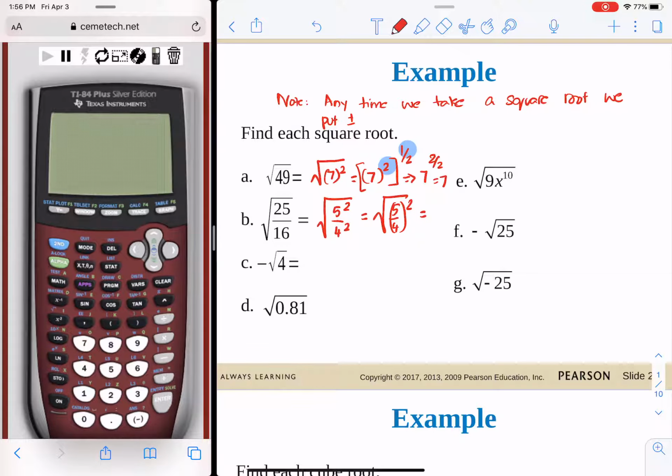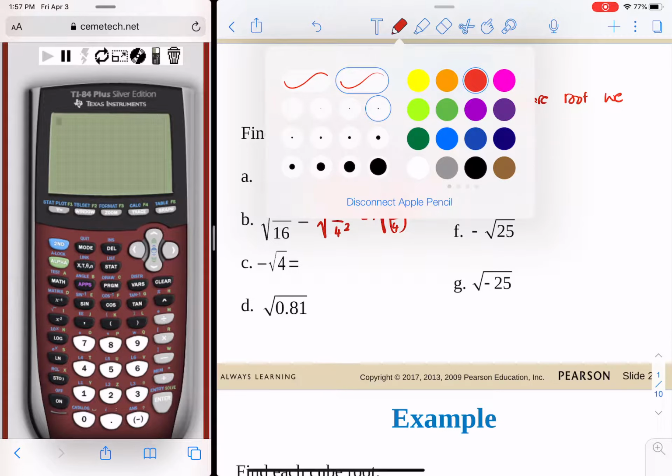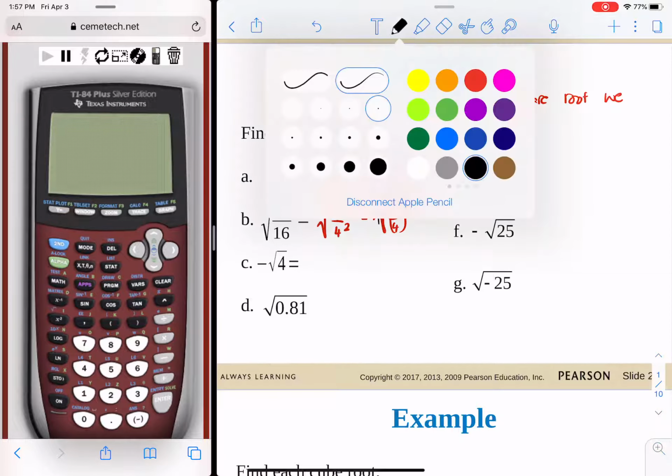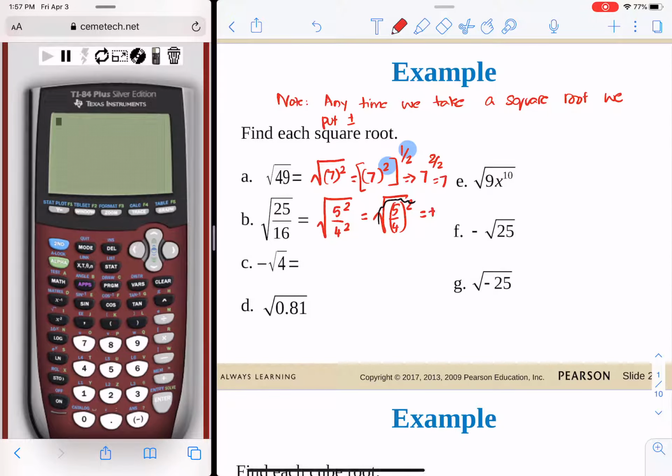The root and the square would sort of go away. I call it sort of going away because mathematically that is not the right term to use, but it's easier to remember that the root and the square would disappear, leaving us with an answer of plus or minus 5 over 4.